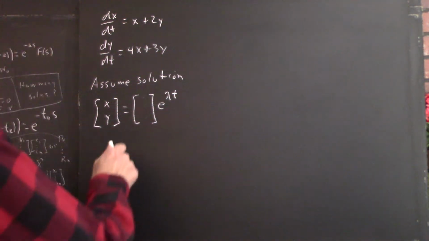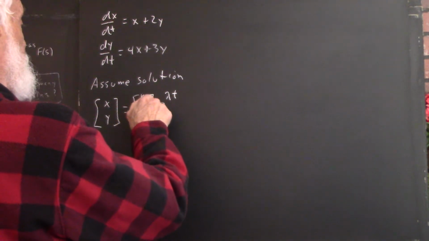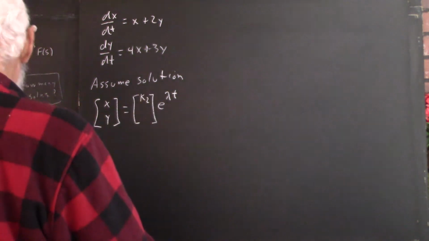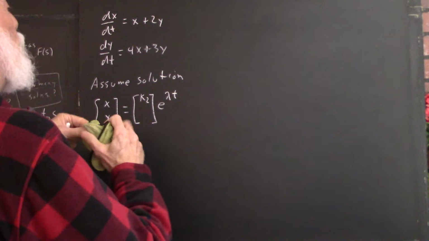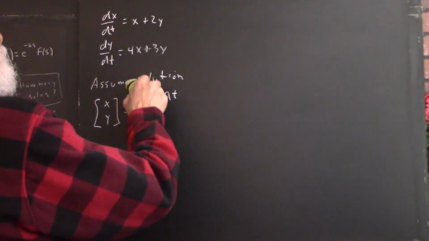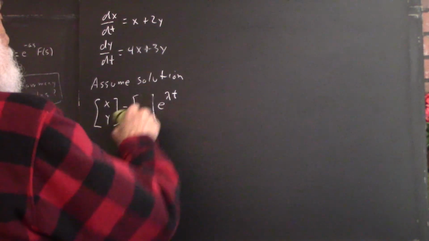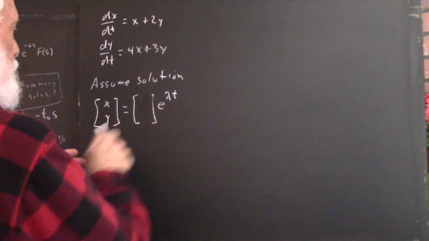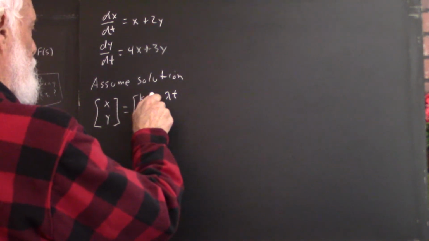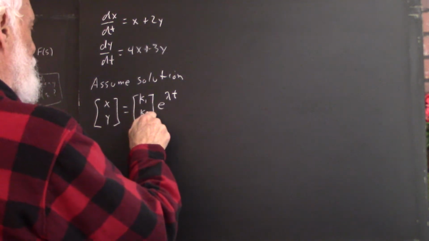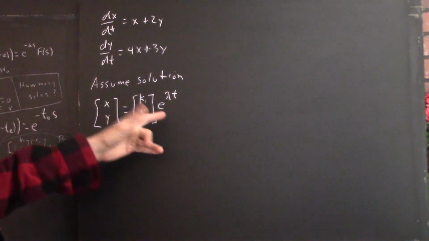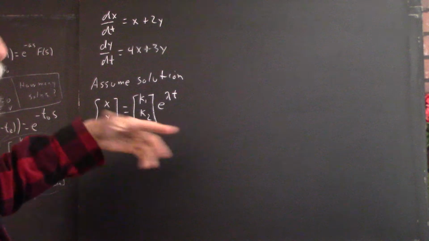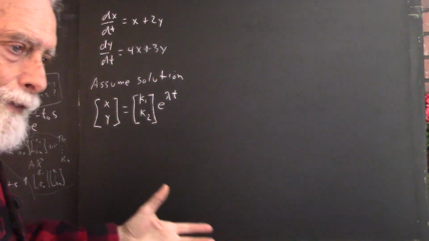Your text uses K1 and K2. I just said K2, so I wrote K2, but obviously this is K1, and K2 here. So it's some column vector times e to the lambda t.